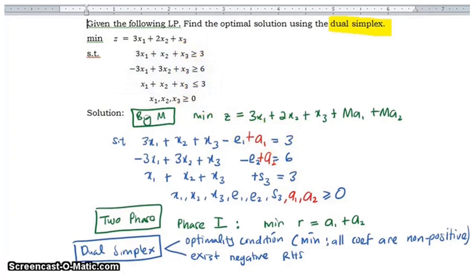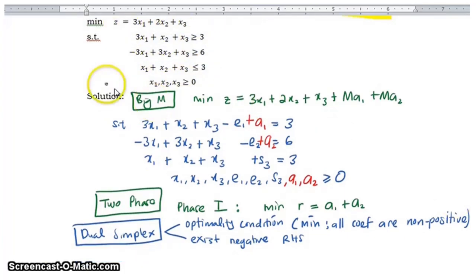So now let's look at this model. First, we rearrange the objective function. We have minimize z minus 3x1 minus 2x2 minus x3 equals 0.